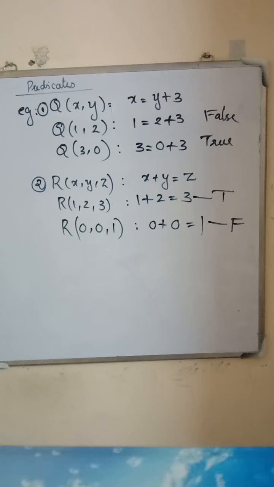So predicates are nothing but statements that we can make true or false by assigning values. By assigning the values, we can make this function true or false. That type of function is known as a predicate.